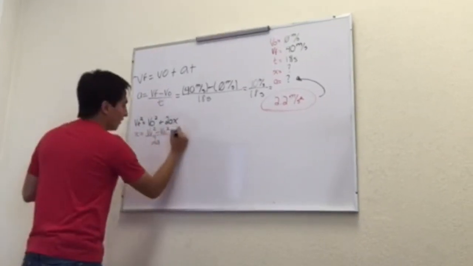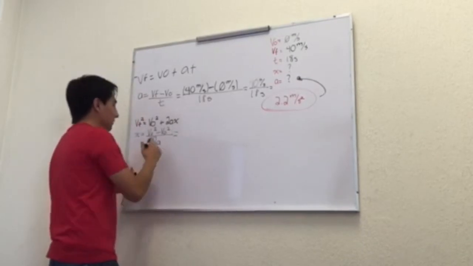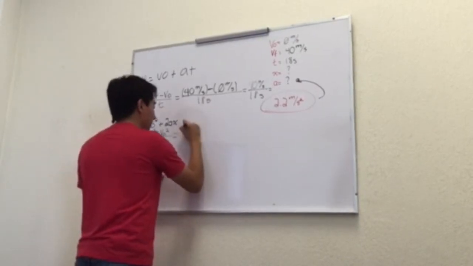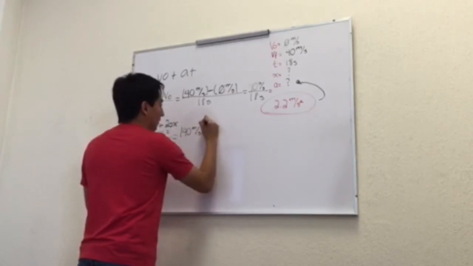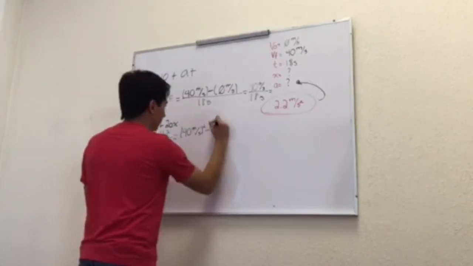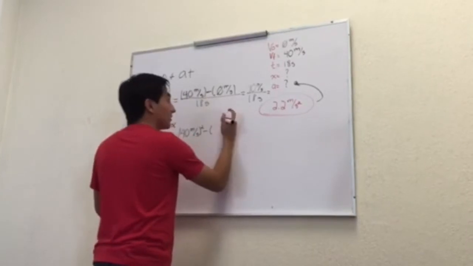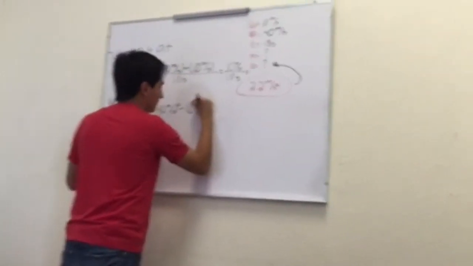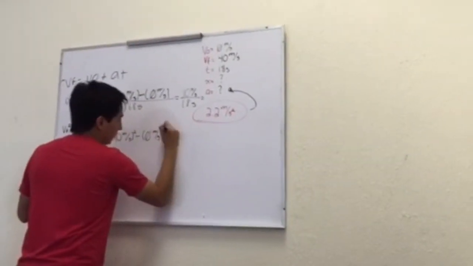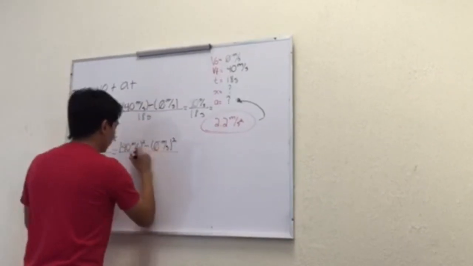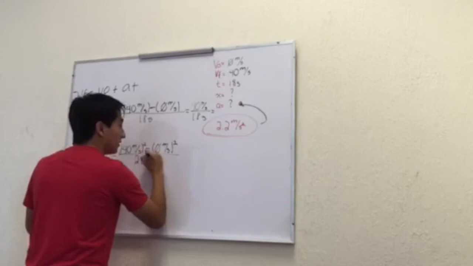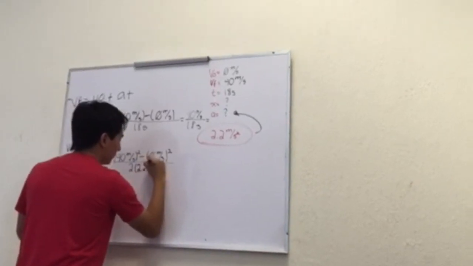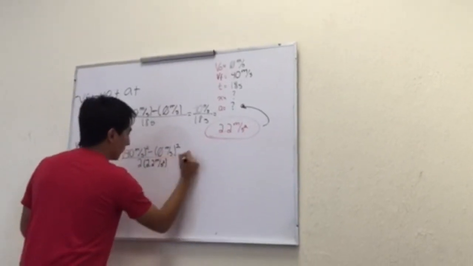Okay, so now we have to substitute the values. Final velocity is 40 meters per second, squared, minus initial velocity, that is 0 meters per second, squared, over 2 times acceleration, that is 2.2 meters per second squared.